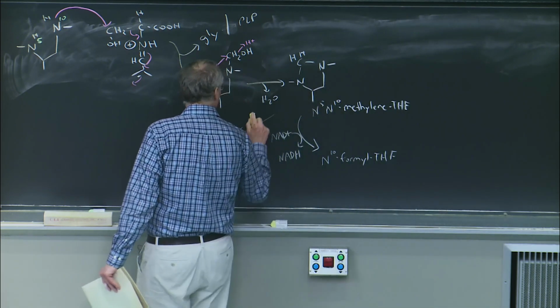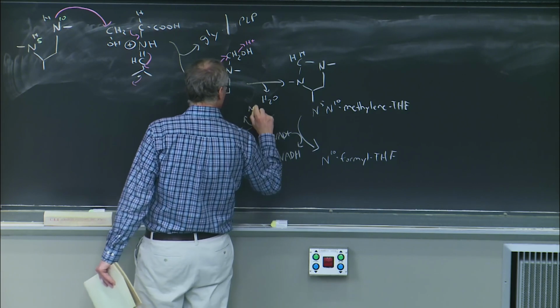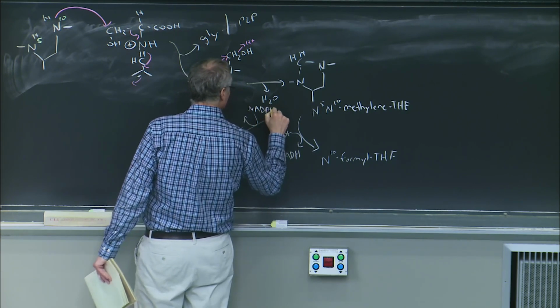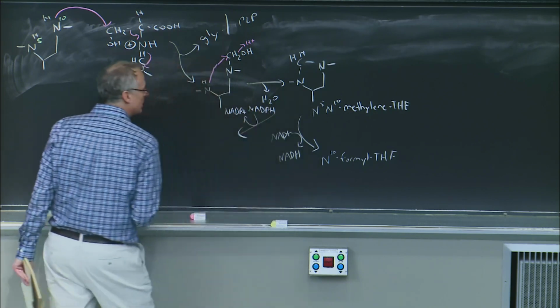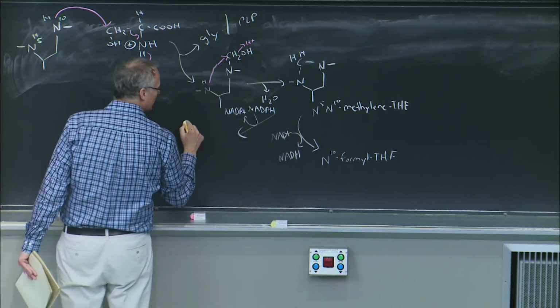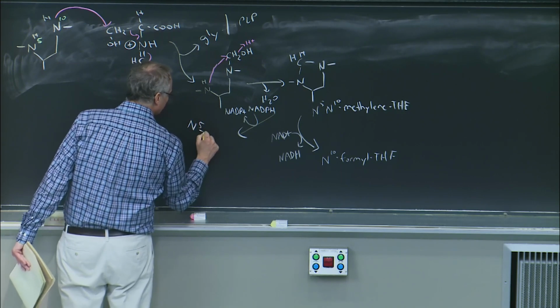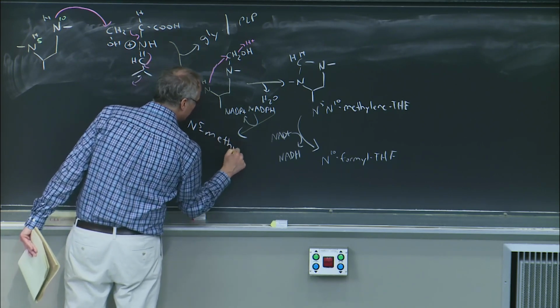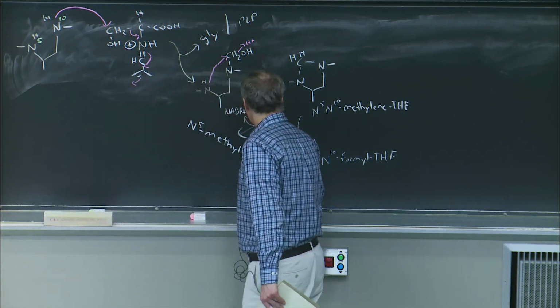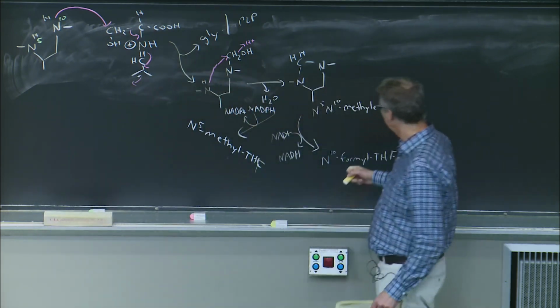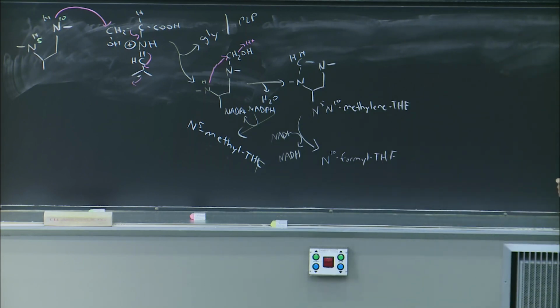And if instead I reduce it, so electrons from NADPH go to NADP plus, so NADPH gets oxidized, electrons go there, and then I get an N5 methyl THF. This gives me a donor of methyl groups. This gives me a donor of formyl groups.